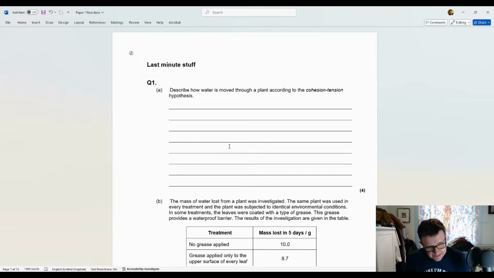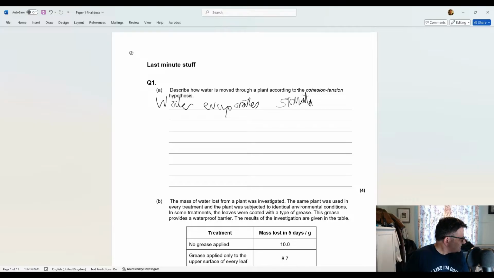Well, the first thing to say is water evaporates out of the stomata. So that is transpiration. Water evaporates at the stomata. Okay, it's the first thing. Hopefully you can see that. Can we see that? Yeah, it's writing it. That's good.